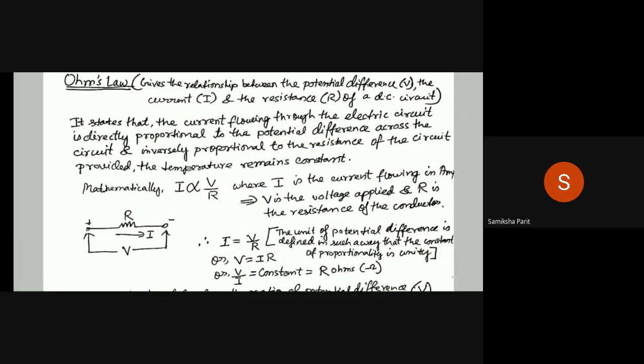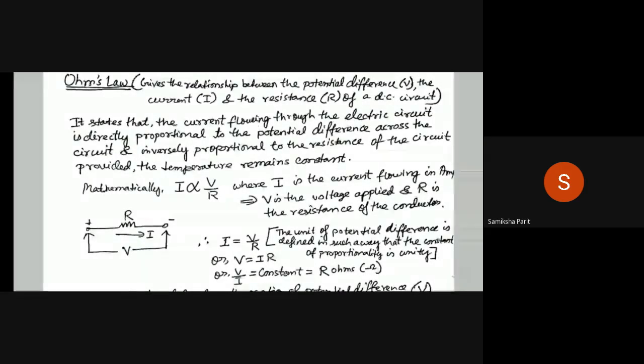It will not be correct. So Ohm's law states that current flowing through the electric circuit is directly proportional to potential difference across the circuit and inversely proportional to the resistance of the circuit, provided the temperature remains constant. This is the exact law you should write.